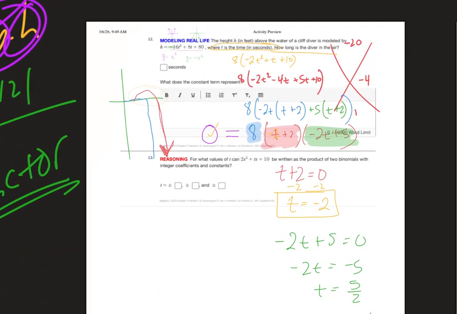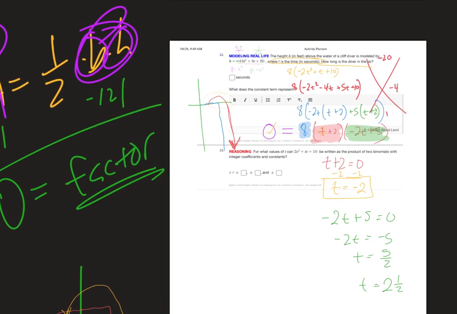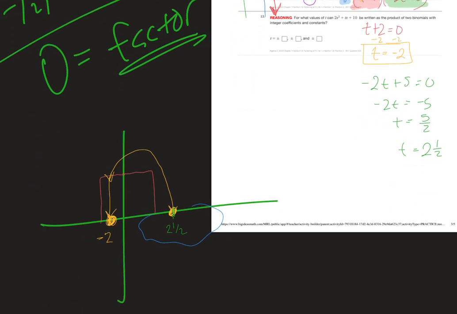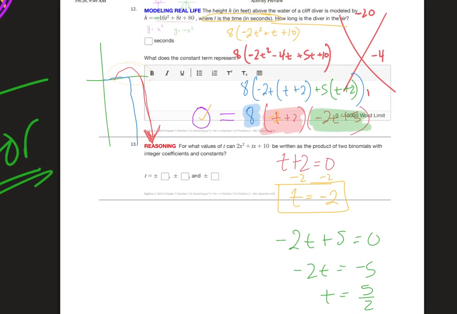Now here's where I can start overthinking. I'm pretty sure that the answer is just 2.5, okay? But I will tell you that we could overthink this, right? For example, I know that the y-intercept here is at 80. So if that's 80, maybe this dude's jump is like boom, like this. You know what I mean? Like it's much taller. We're just going to go with it's 2.5 seconds. Okay, so try not to overthink that with me. Let's just go with that.